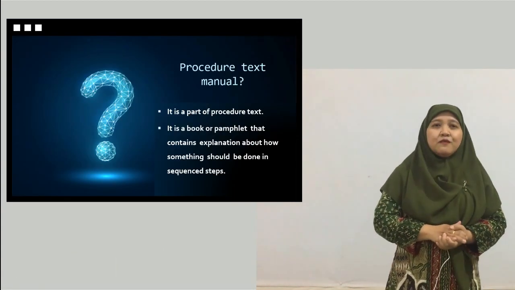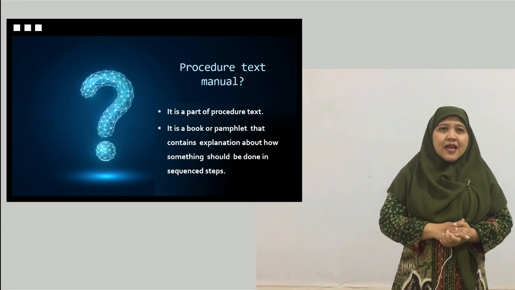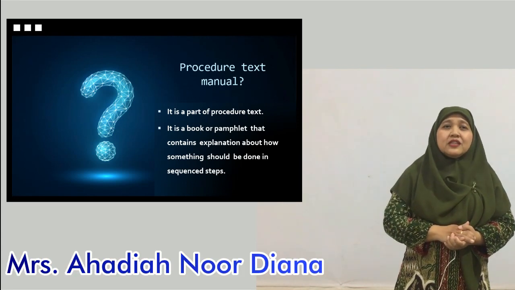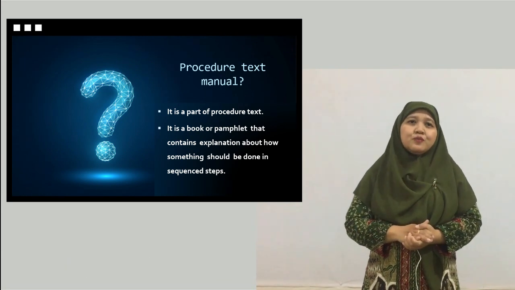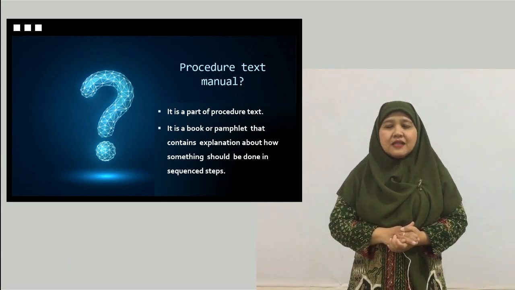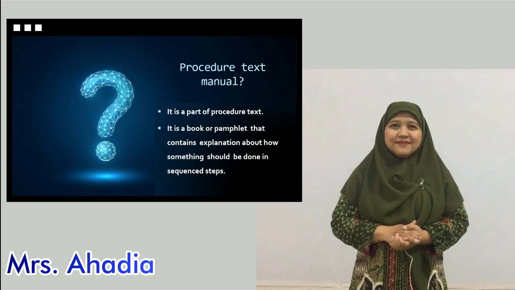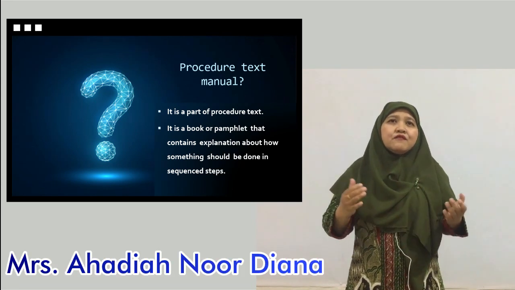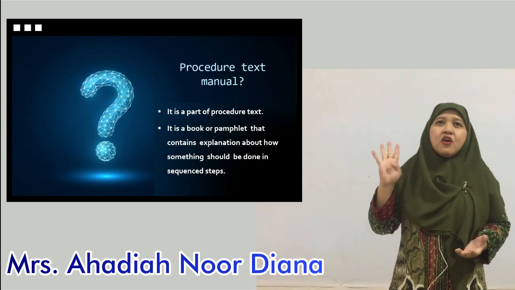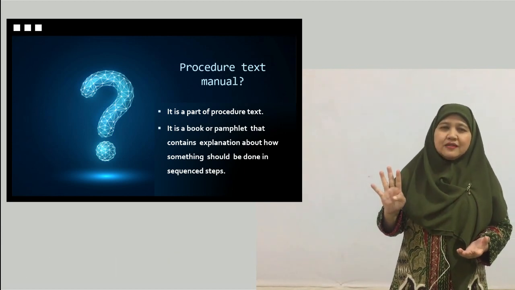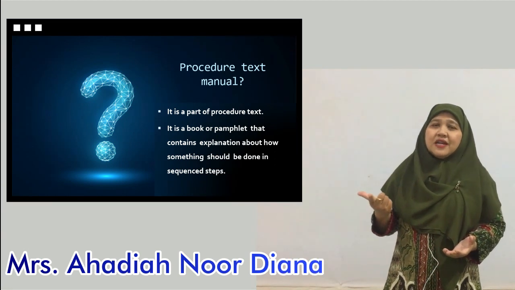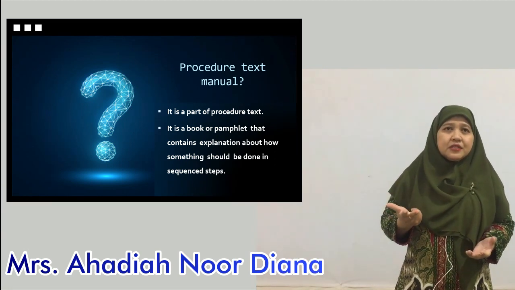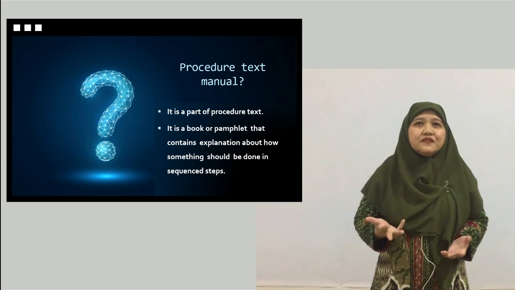It is part of procedure text. It is a book or pamphlet that contains explanation about how something should be done in sequence steps. There are 4 key features of procedure text manual, namely definition, social function, generic structure, and language features.